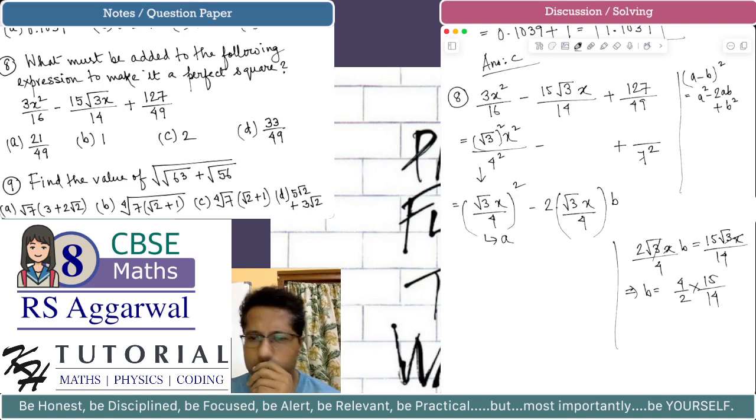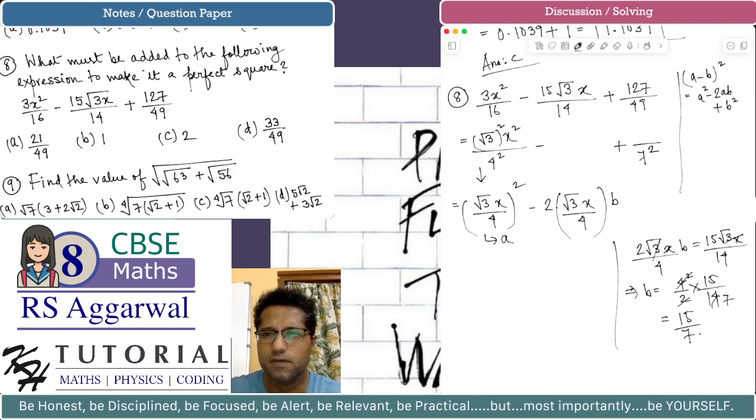The 2 and 7 simplify, so this is 15 by 7. So b has to be 15 by 7. I will write over here 15 by 7. Now to complete the a minus b whole square, I must have plus 15 by 7 square.